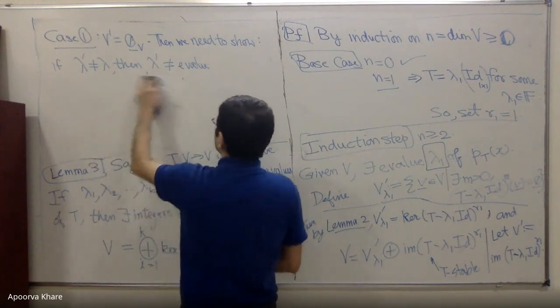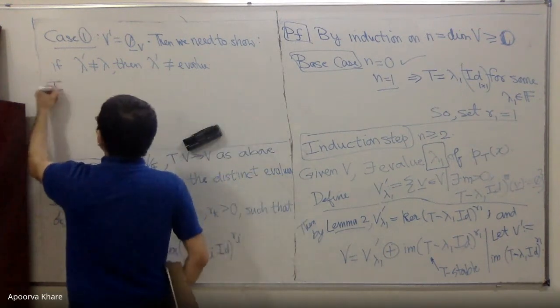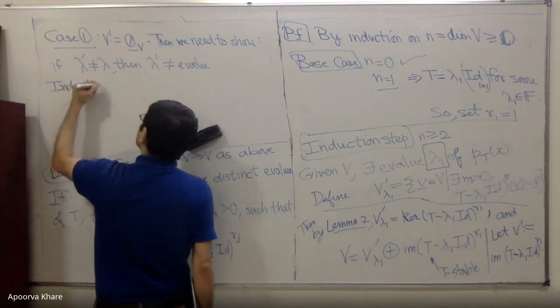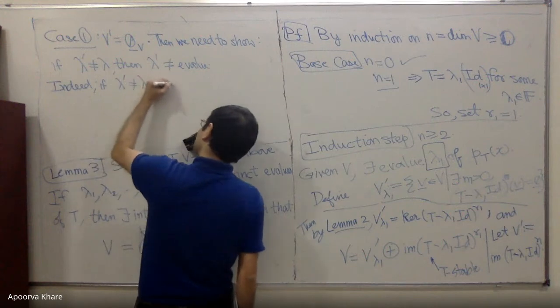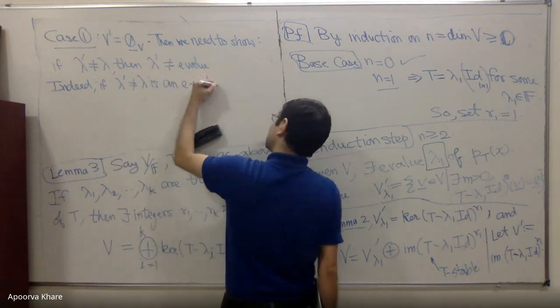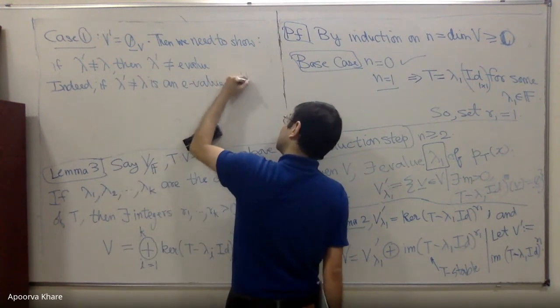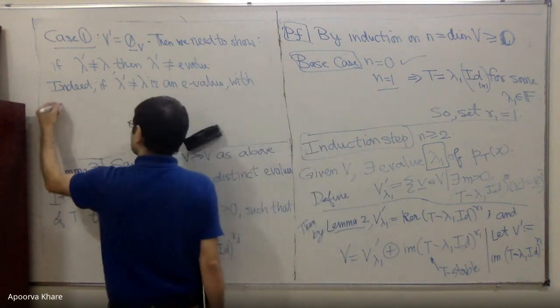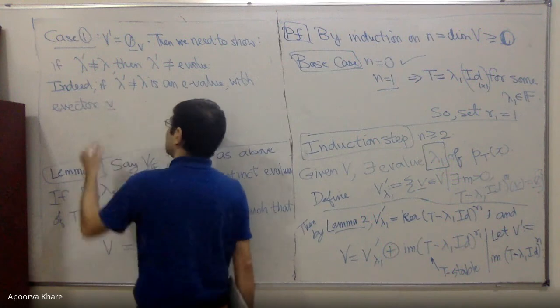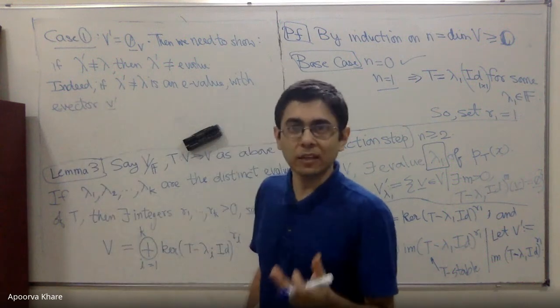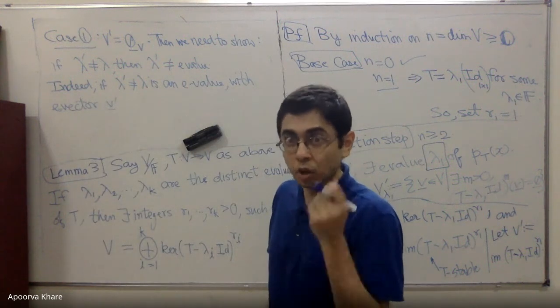Indeed, if lambda prime not equal to lambda is an eigenvalue with eigenvector, let's call it V prime, so V prime is the eigenvector for an eigenvalue not lambda.